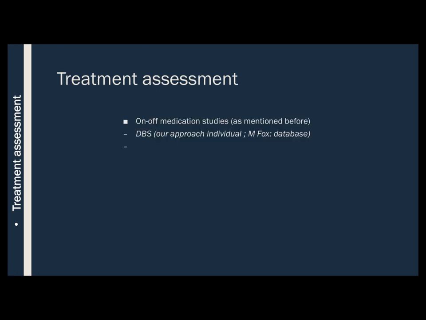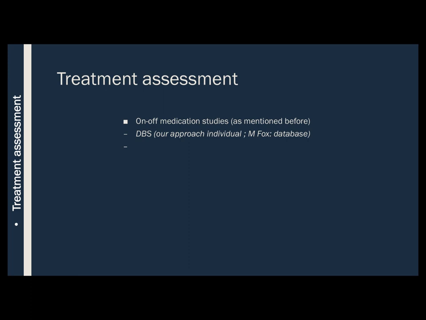So going to the last part of the talk, I mentioned that we could use imaging as well to do treatment assessment. And I mentioned a little bit about on and off medication studies. I'm not going to go into more detail on that. I'm not going to show you any particular study, but it will be similar to any other pharmacological study, though we are not looking at the onset of the response.